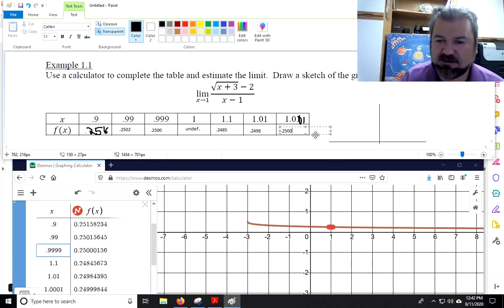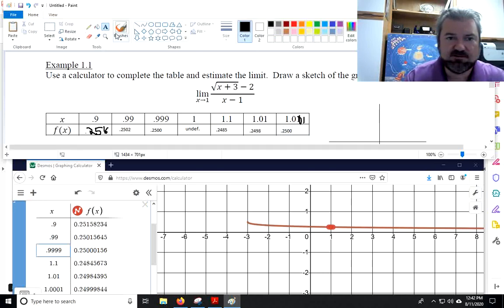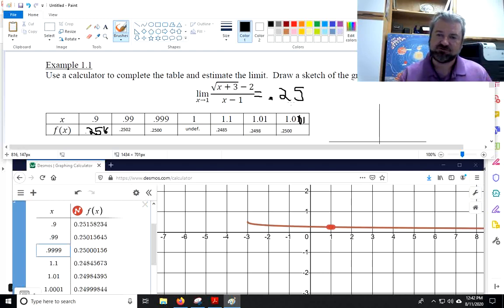Well, I'm going to make the assertion that this limit is in fact 0.25. Do you believe it? I mean, that's what a limit is, right? It's what the function's value is getting closer and closer to as our x gets closer and closer, but not exactly equal to 1.